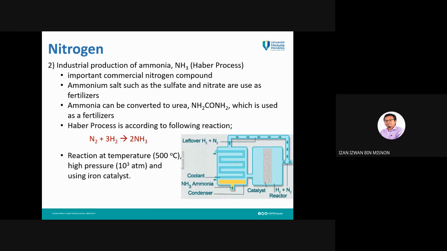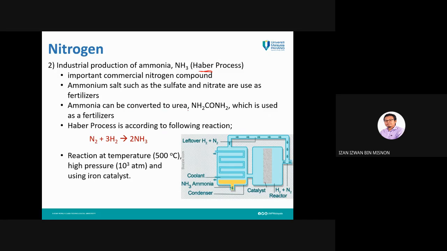Now, nitrogen is important for ammonia production. Ammonia production is called the Haber process. Ammonia is important for commercial nitrogen compounds. For example, ammonium salts such as ammonium sulfate and ammonium nitrate are used as fertilizer.